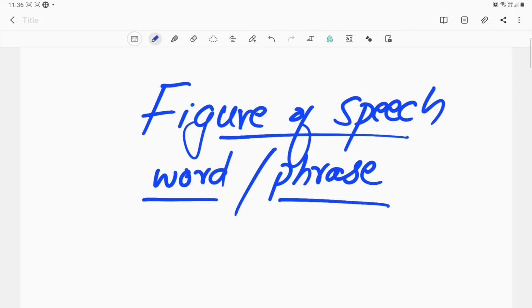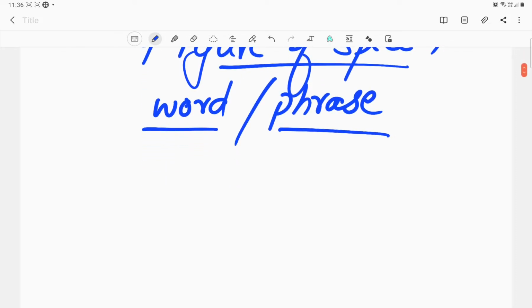Did you understand? They are not used with their exact original meaning in that particular sentence or poem. They are used as having a separate meaning or sense altogether. We will come to know about it as we go further.